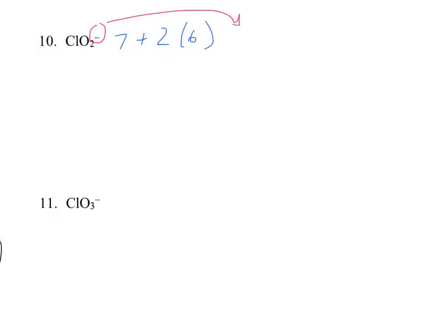On to number 10. What is that? The chlorite ion. So we'll add 7 plus 2 times 6. The negative charge means to add in one more electron, resulting in a total of 20 electrons, 10 lines.